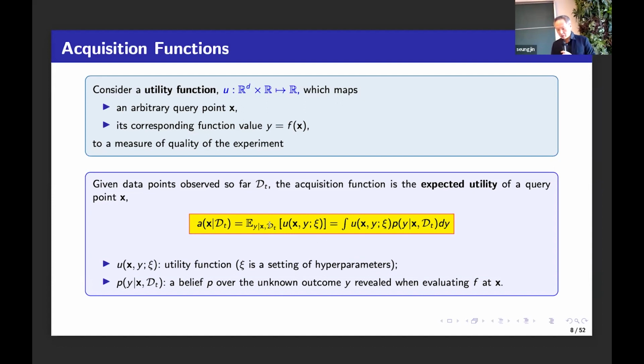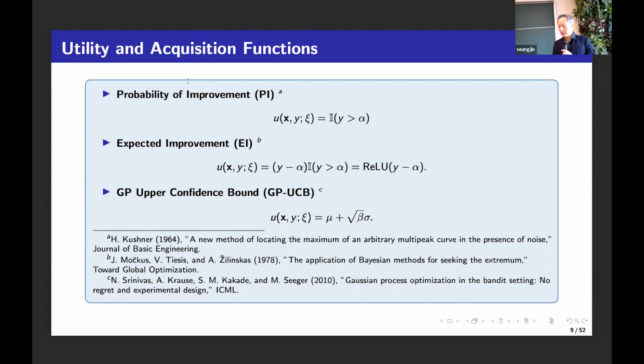So, for instance, these are the typical acquisition functions people frequently use. The probability of improvement assumes the utility is an indicator. We select some particular location X, and Y is the corresponding noisy function value. If the function value at location X is greater than the constant alpha, then the utility is 1, and otherwise 0.